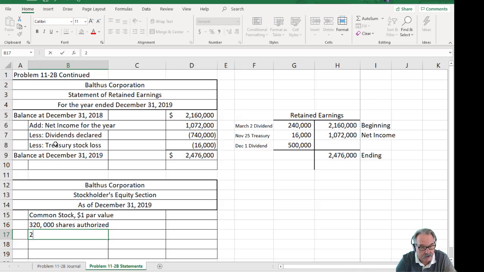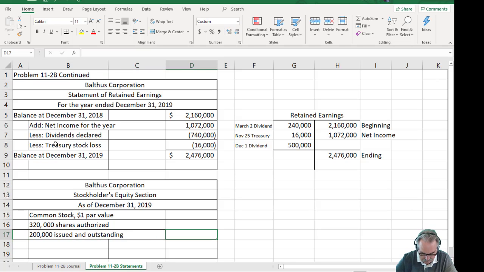200,000 shares issued and outstanding. That's 200,000. This is always going to be the par value. We'll throw a dollar sign on it.